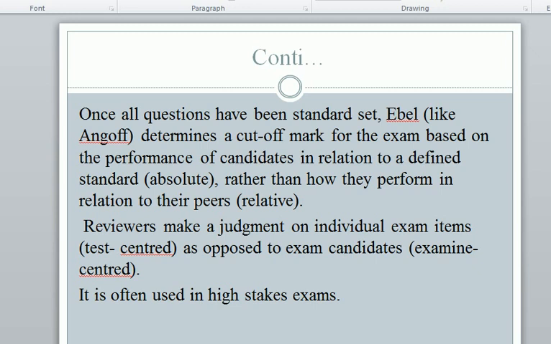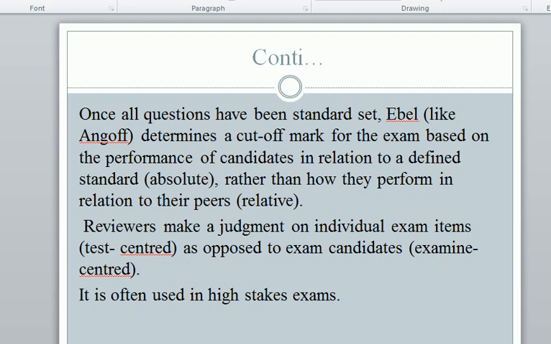Dear students, as I told you in the Nedelsky method, absolute standards were used to make judgments about the performance level of students. In the Angoff method, absolute standards are also used, test centered as opposed to exam candidates.